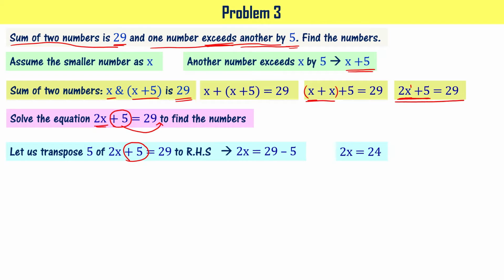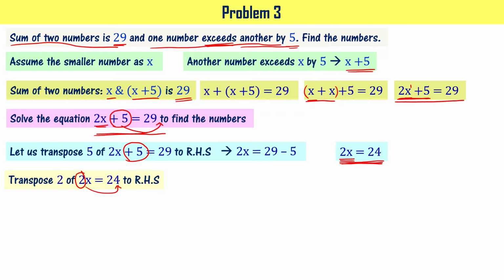Now look at this. This equation is obtained by simplifying the previous equation, right? This is also a linear equation in one variable, and the variable is on one side of the equation, right? Look at this. 2 is multiplying x. That's why I want to transpose 2 of 2x equal to 24 onto the right hand side.